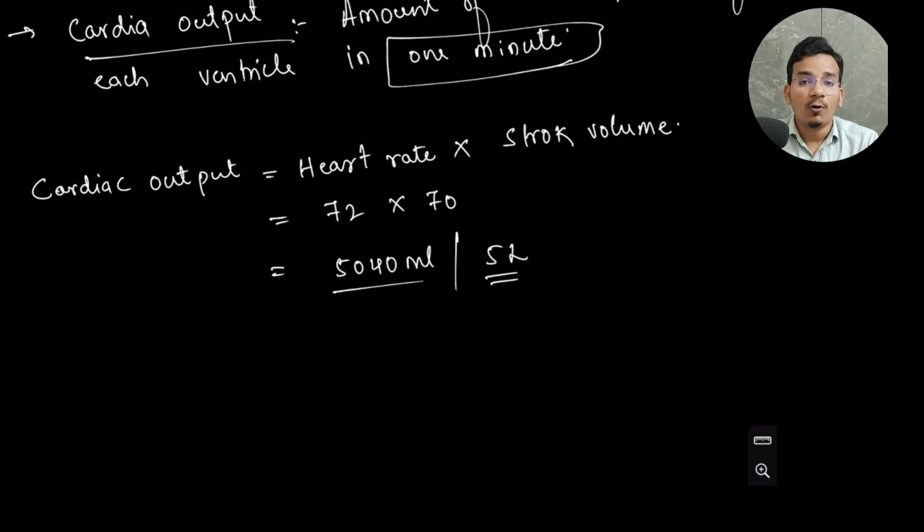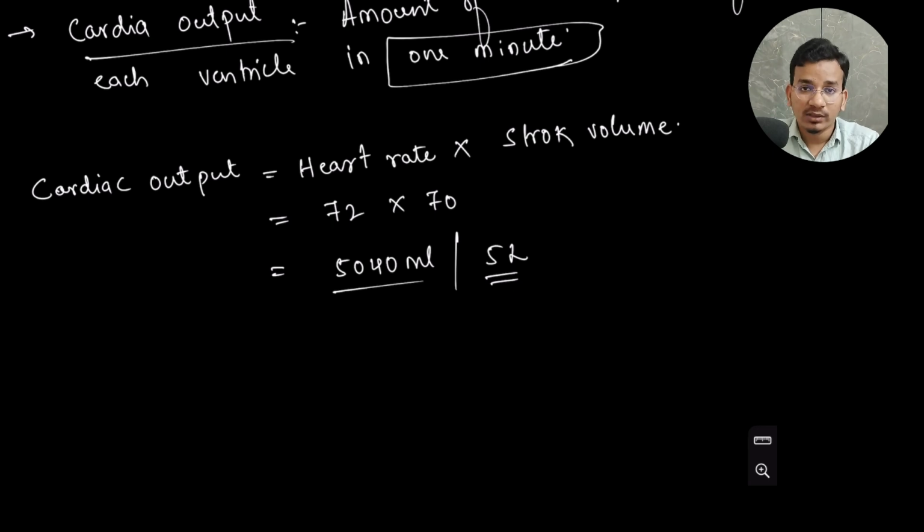Okay, so cardiac output is the blood pumped by each ventricle in 1 minute, approximately 5 liters per minute. So our heart, each ventricle, is pumping about 5 liters per minute.